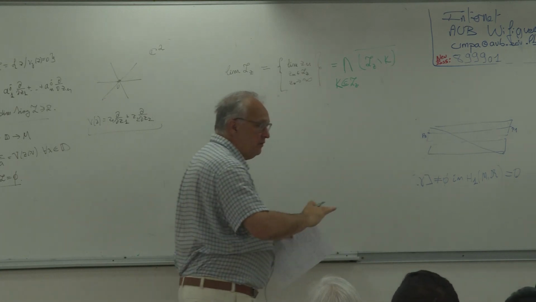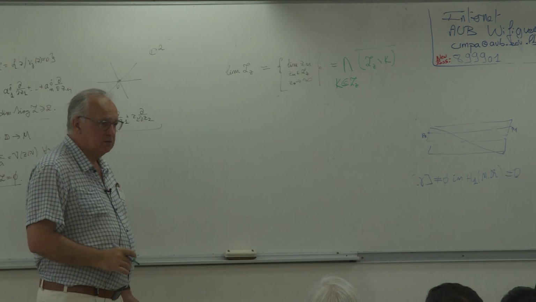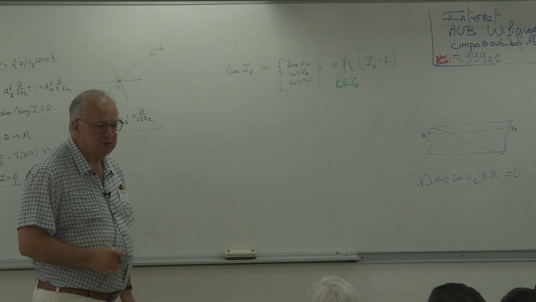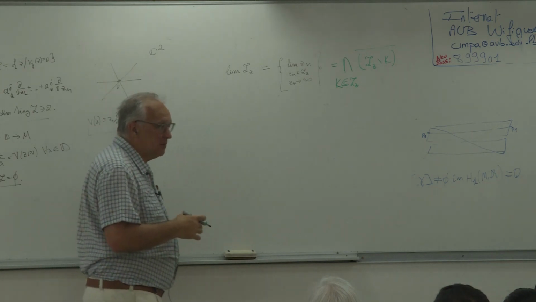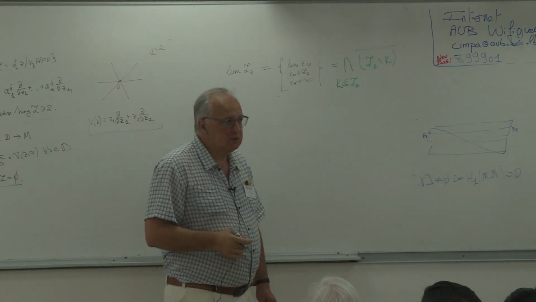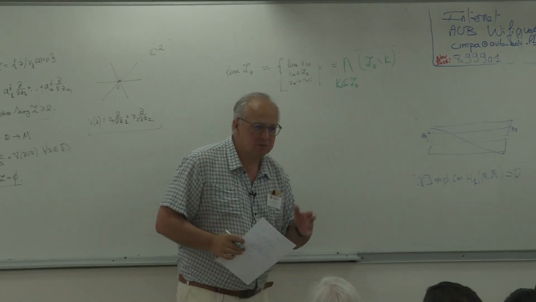So you throw away a compact from your leaf, and you take the closure of this. This can be the whole manifold, in fact. Okay? And then you intersect this over all compacts. Well, of course, it is sufficient to take intersections over some exhausting sequence of compacts. Yes.